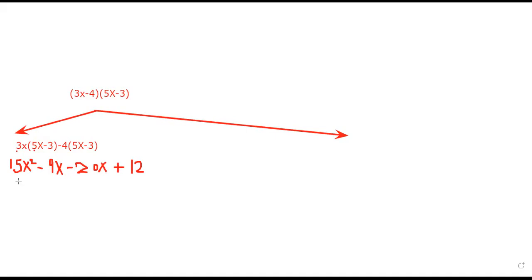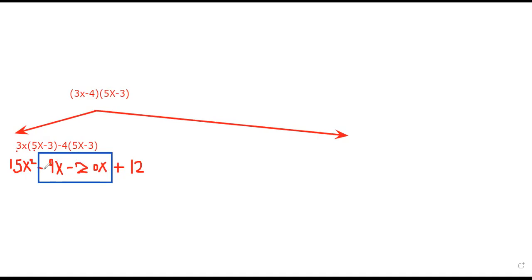Where is the 9x and 20x? So we have negative 9 and negative 20. In this case, will we add or subtract negative 9 and negative 20?